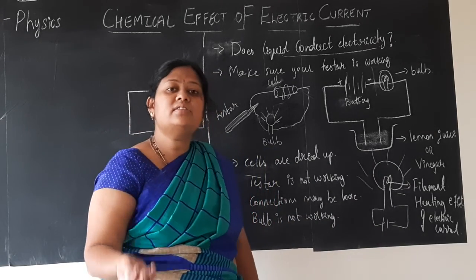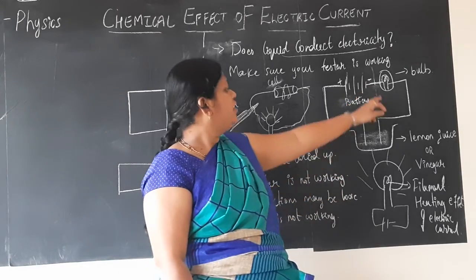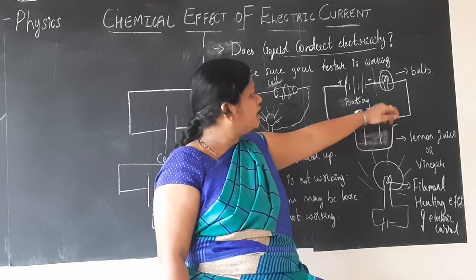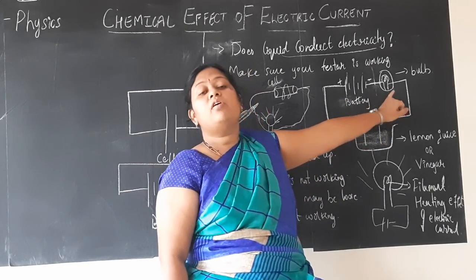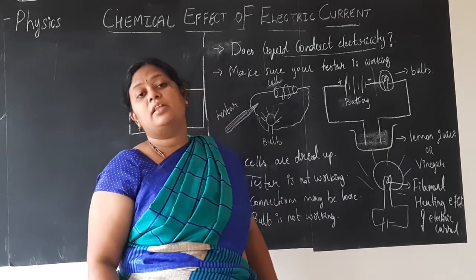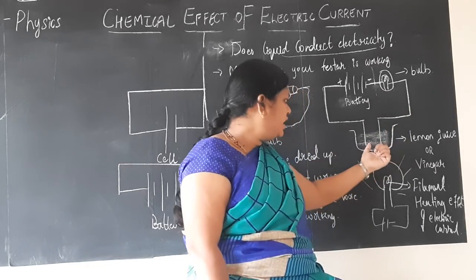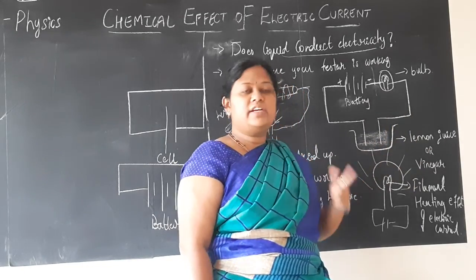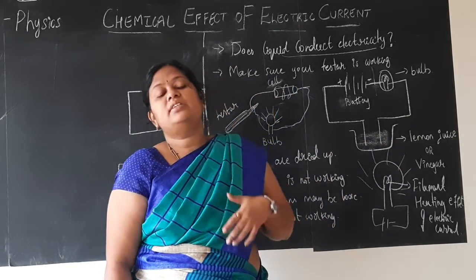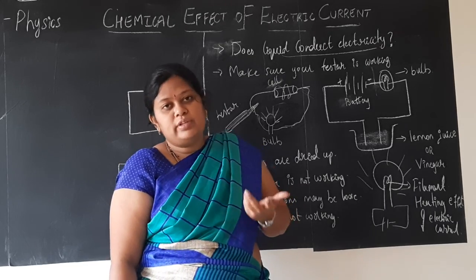If these liquids are conducting, then when we dip these two wires in the container, the bulb should glow. So if the bulb glows, then we say the lemon juice or the vinegar is conducting, meaning it is allowing the current to flow through them.